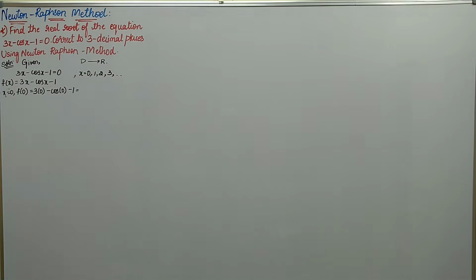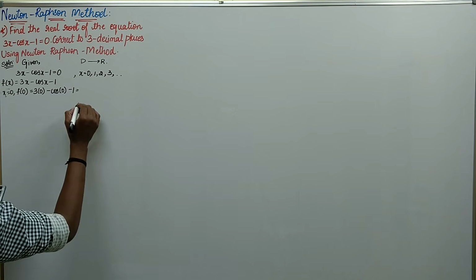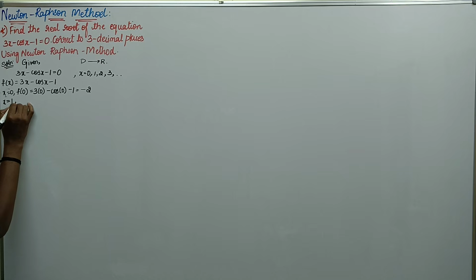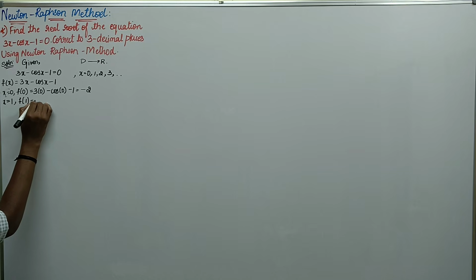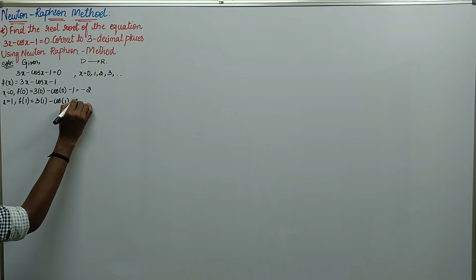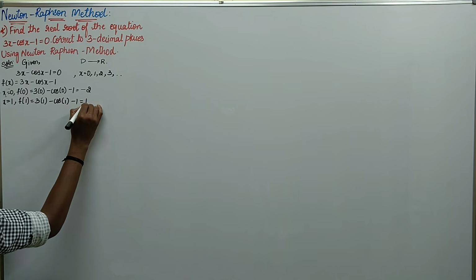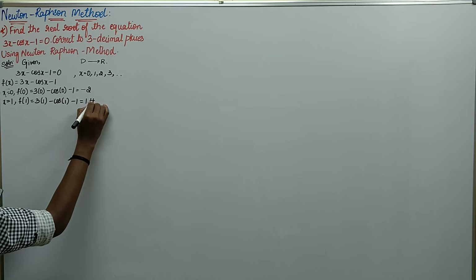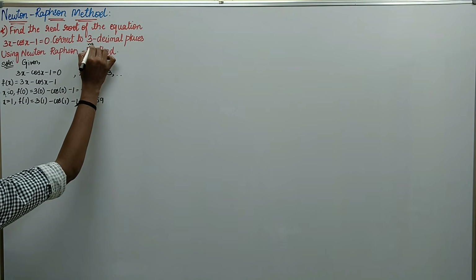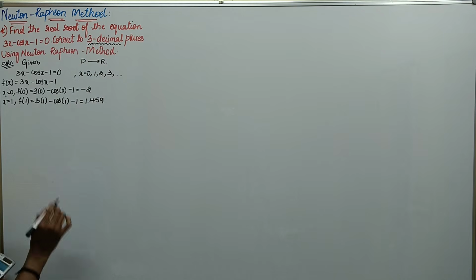For the roots, see, for 0 you have got minus 2, and if you give x equal to 1, f of 1 which is equal to 3 into 1 minus cos 1 minus 1, you have got 1.459. Since they have asked only for 3 decimal places, represent the terms only to 3 decimal places.